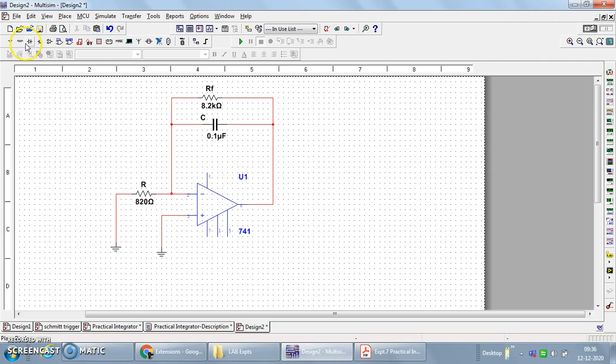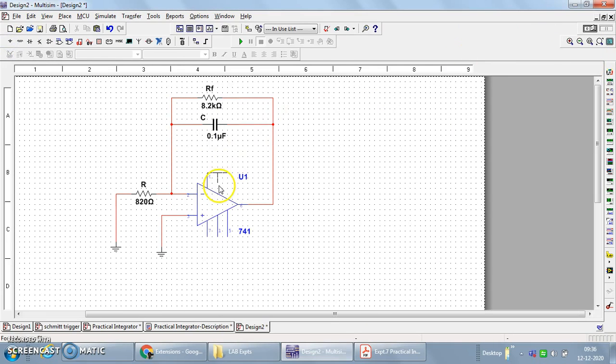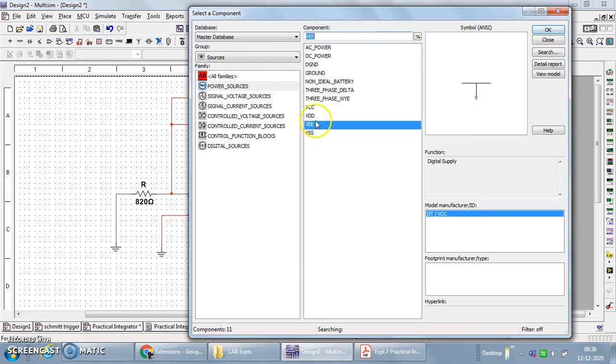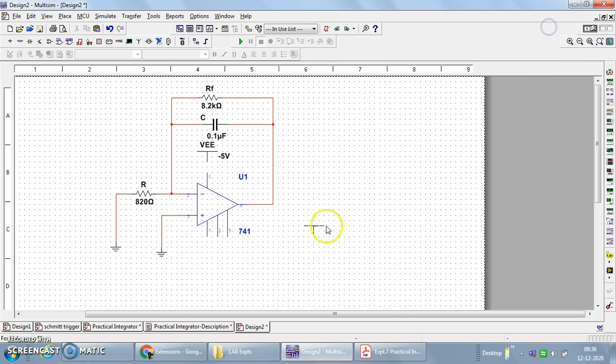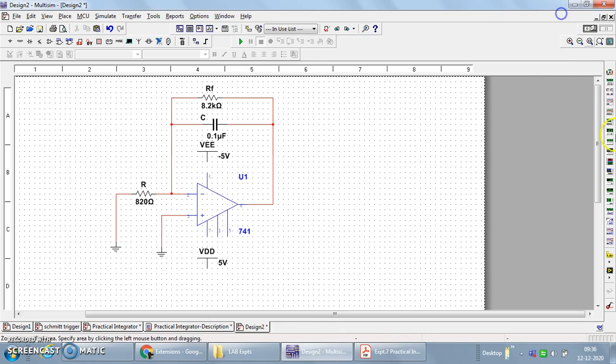So I will again go to the sources. From the sources I will call VEE. Okay, so VEE is to be connected here and VDD is to be connected to pin number 7. Again I will just flip it vertically.